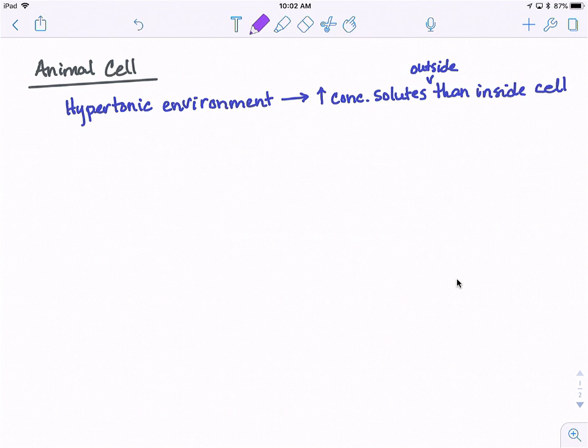So I'm going to draw my little animal cell, and inside of my animal cell, there is some sodium chloride, about a 10% solution of sodium chloride.